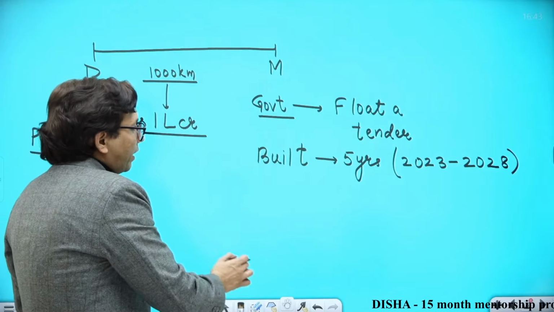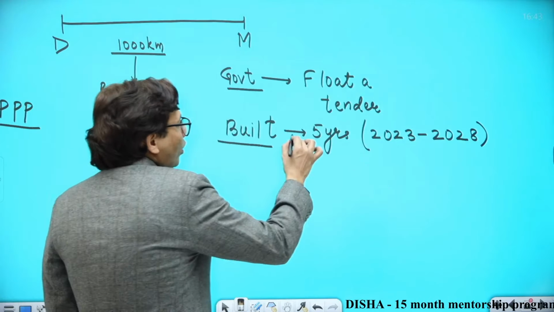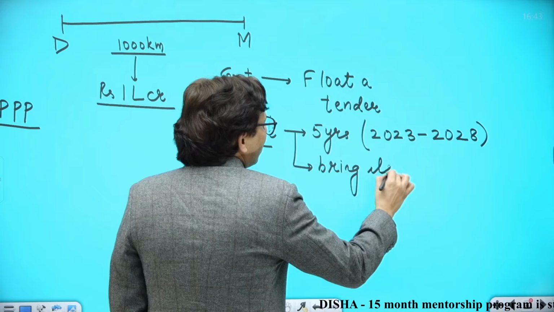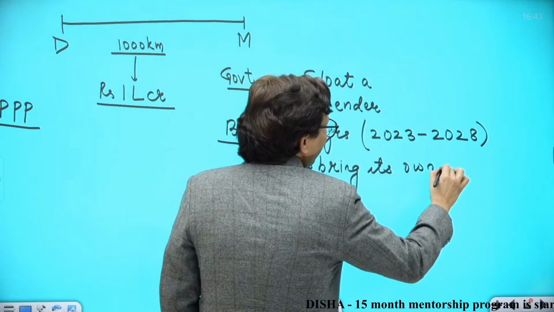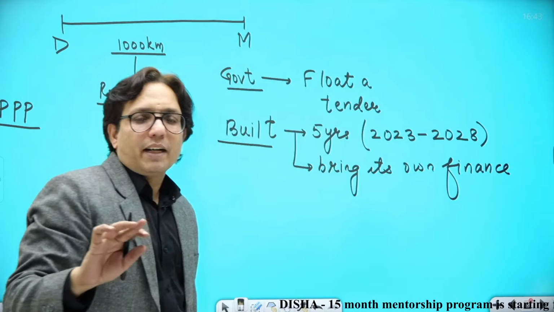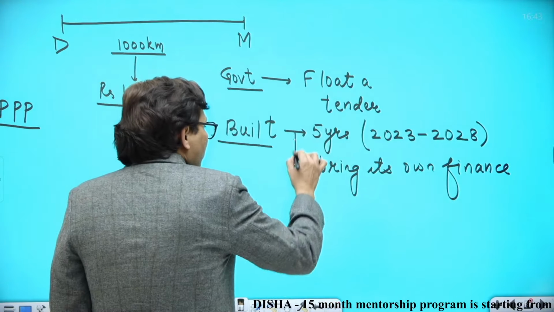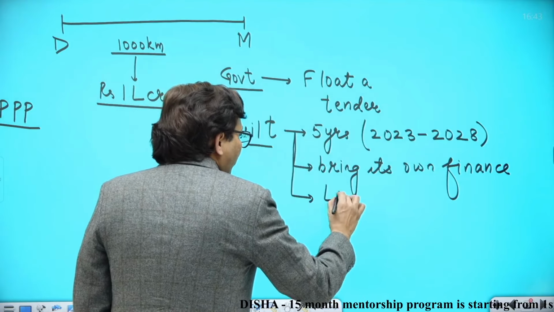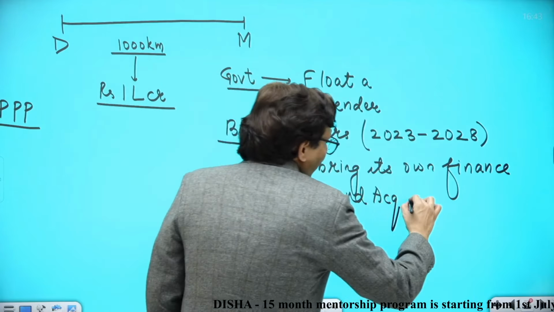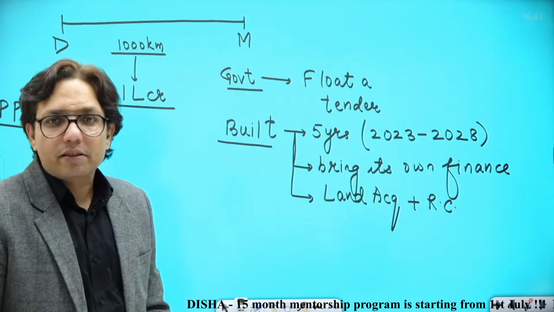The private party which will be building the expressway, that private party would bring its own finance. Government won't be providing the funds. Then the private party would be responsible for getting the land acquisition and other regulatory clearances.